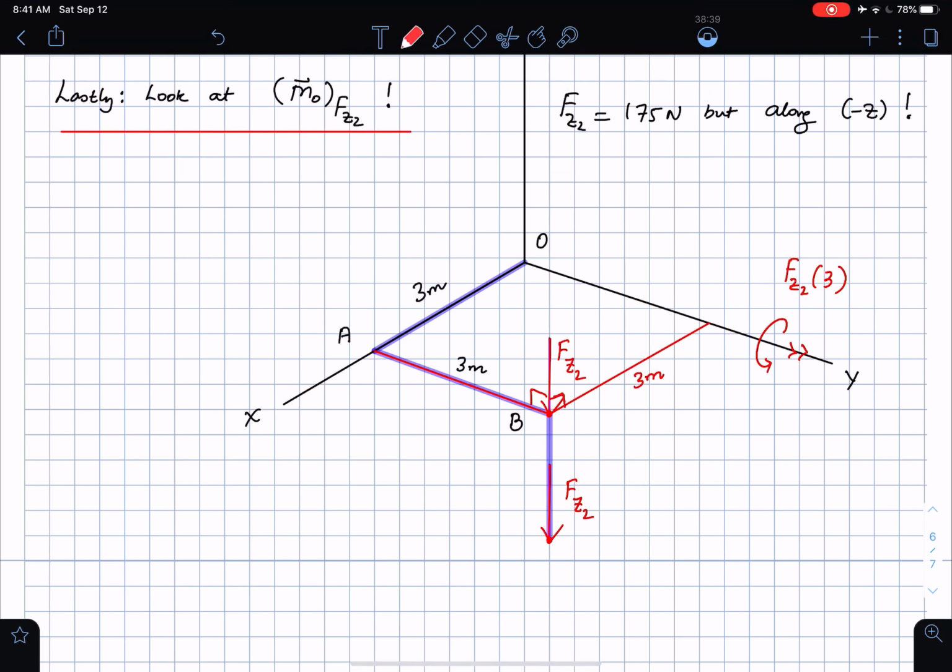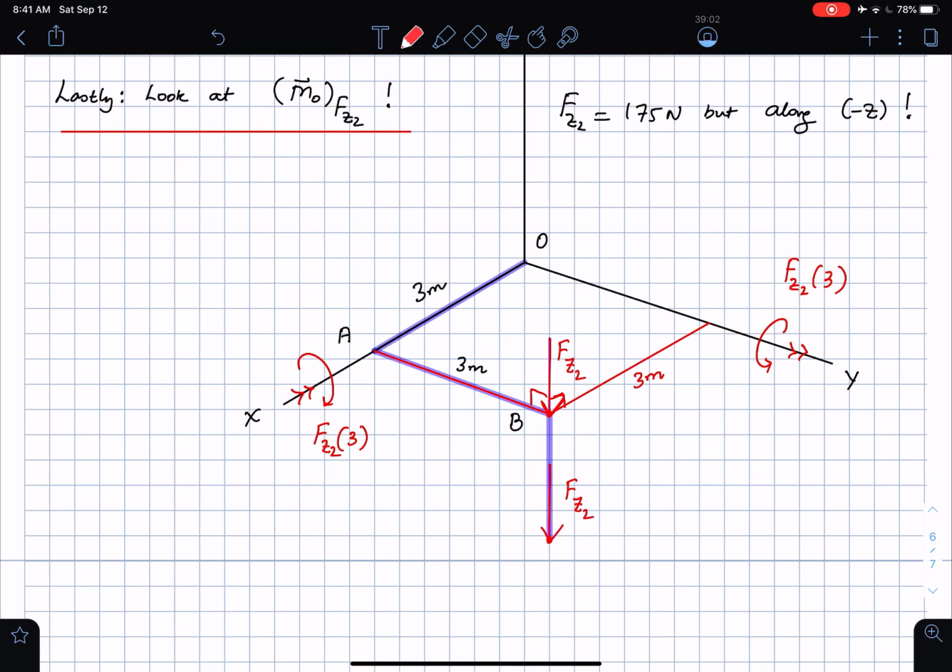There was another right angle that was drawn there. This is the direction of the force, and this is going to be causing a moment about the negative x-axis. If I use a right hand rule, this is going to be Fz2 times a distance of 3. I hope that is obvious to everybody here.